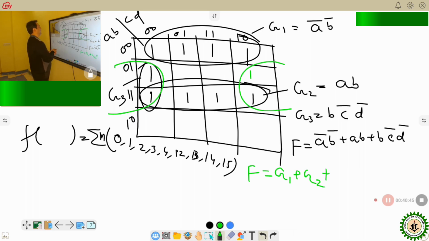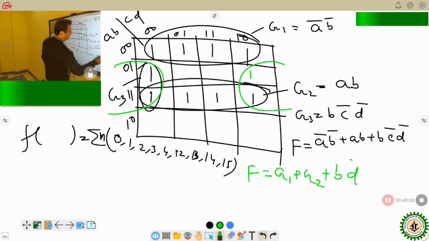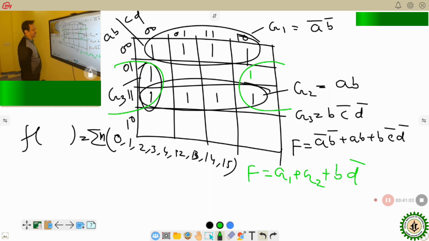If I fold this one, the only unchanged variable is B, and here the unchanged variable is D. So B and D. Why is it D? Because it is unchanged from 0 to 0, and here B is unchanged from 1 to 1. Now, if I add a 1 here, and again here and here, what will happen?